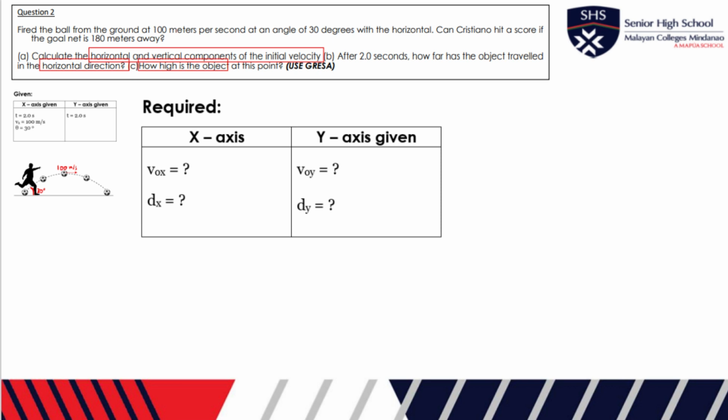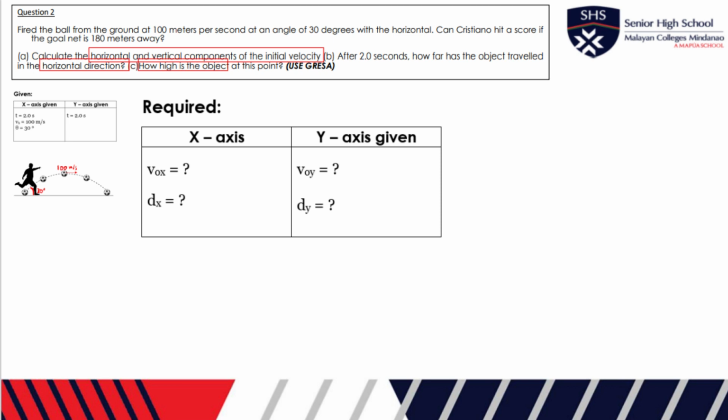And since it talks about horizontal direction, we have their displacement in x. And how high is the object at this point? Since we're talking about the vertical displacement of the object, we have there the displacement in y, giving us four required variables.